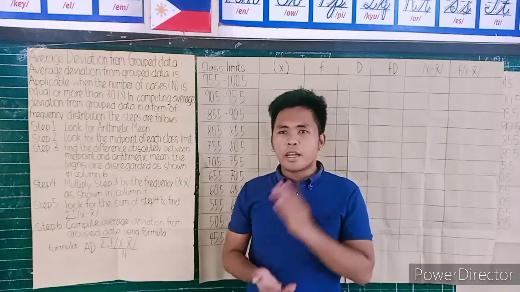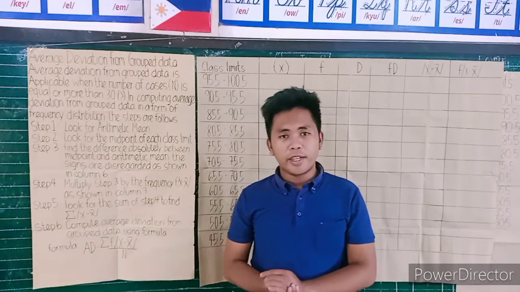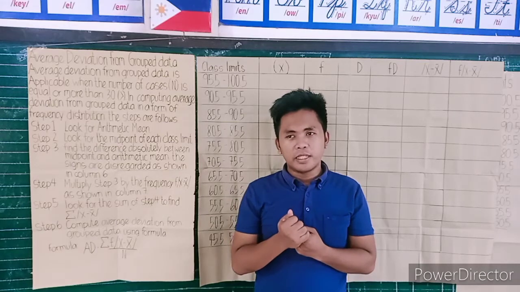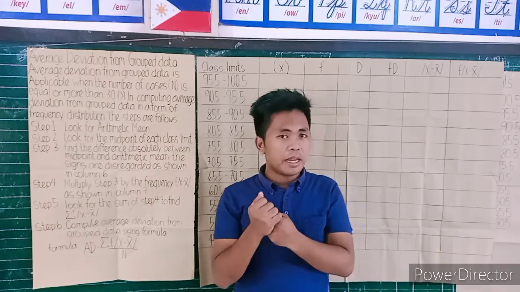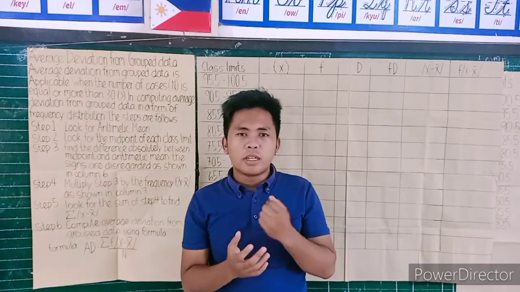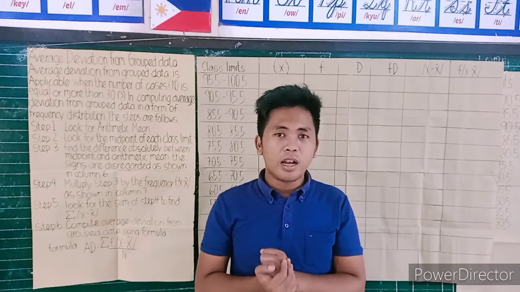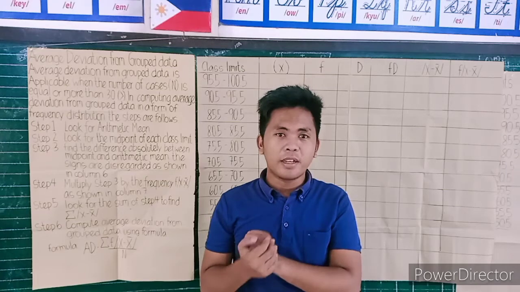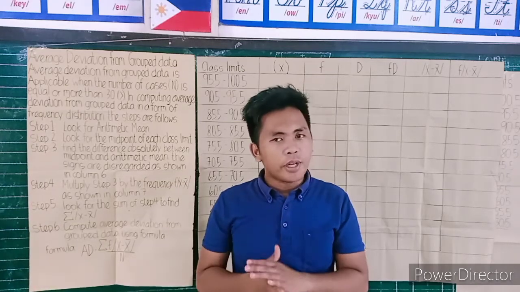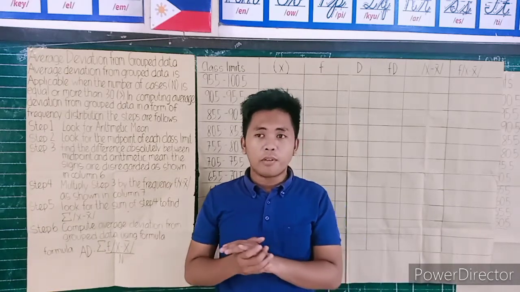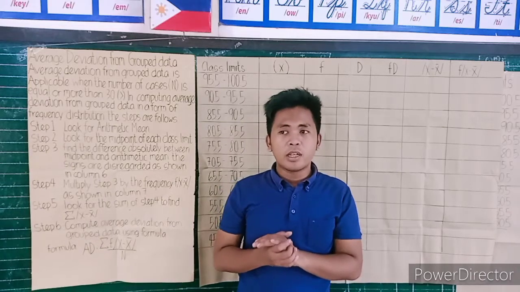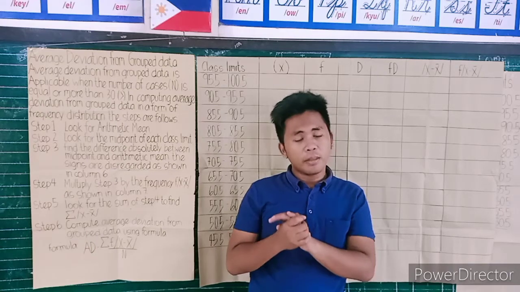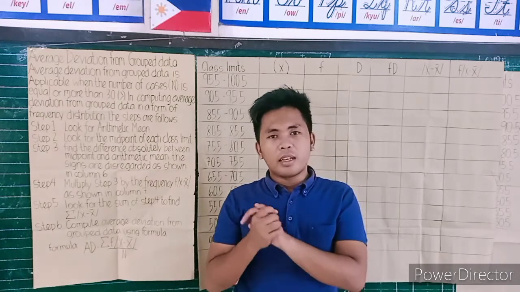Today, in average deviation, we have two parts: ungrouped data and group data. What are ungrouped data and group data all about? Ungrouped data are scores where the number of respondents or the number of cases is less than 30.